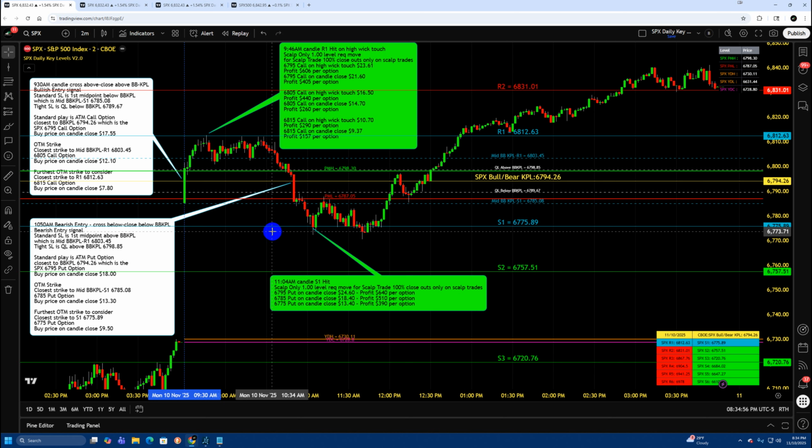If you are going to take a 9:30 a.m. candle trade, then there are some rules about what is within range and what is out of range on a 9:30 a.m. opening candle for taking a trade off the bull bear KPL. If you refer back to that Google Drive link I mentioned earlier, that is a link to other videos on other topics. One of those videos is on 9:30 a.m. opening candle trades to avoid.